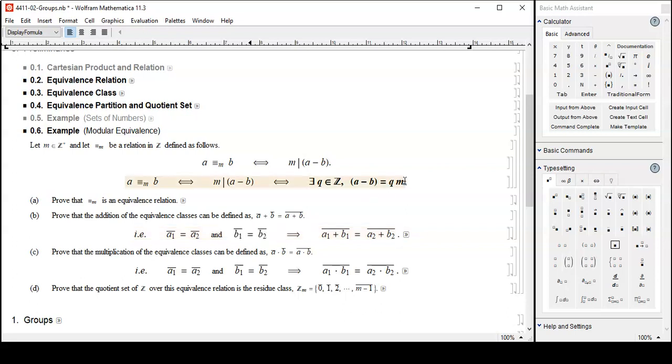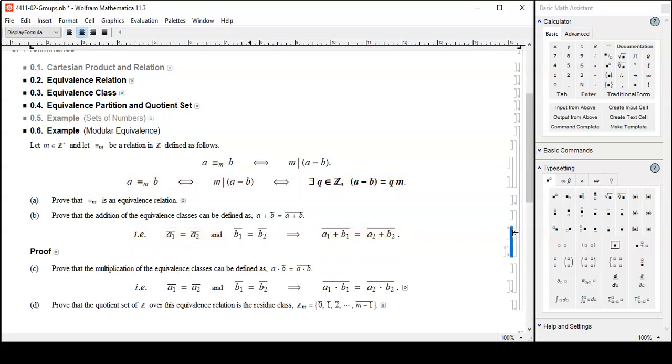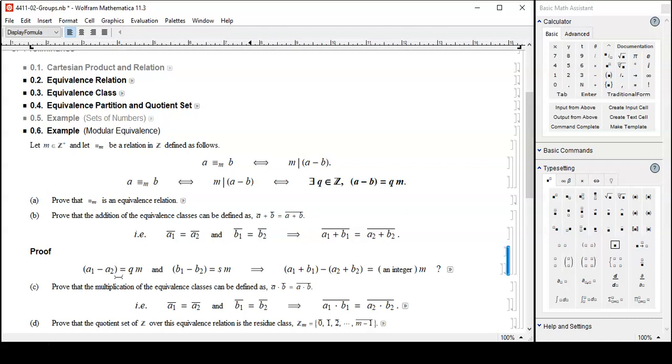So you're going to get q1 and q2, kind of like that. Here we go. a1 minus a2 is qm, yes, that's related to this. And b1 minus b2 is sm, that's coming from there. So you see, we use this bolded part twice, but this is an existential quantifier, so we need two different characters, q and then the next character s.